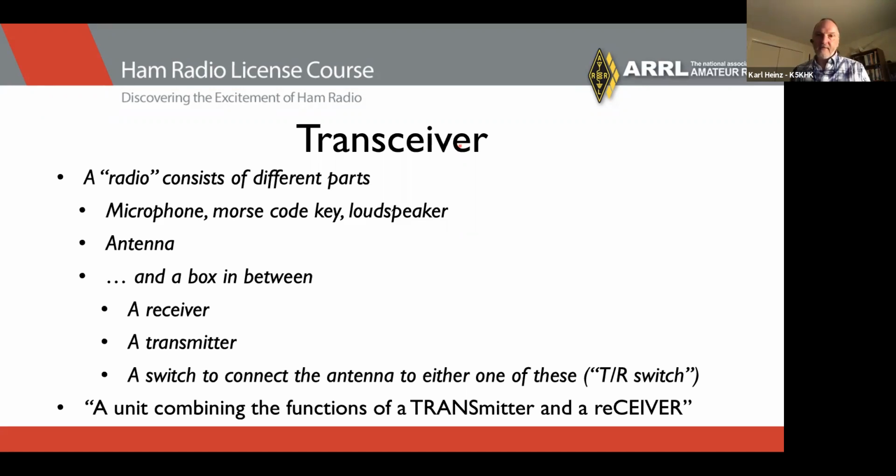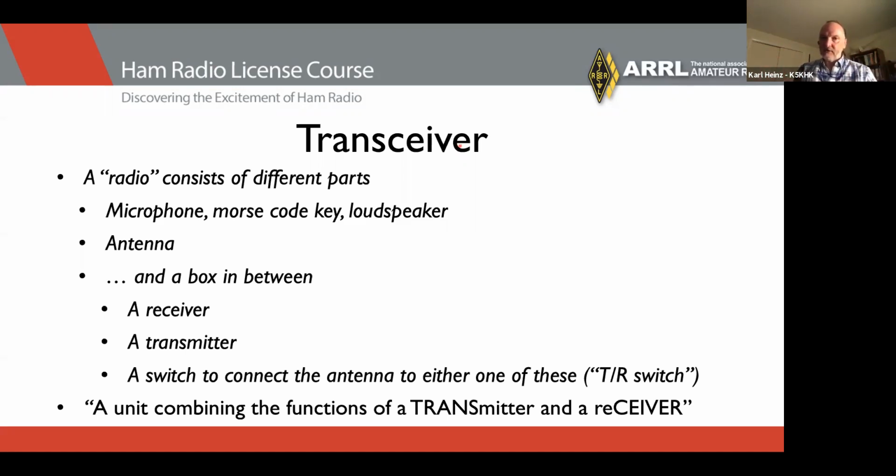For the first week, they want us to learn about 2 radio-related terms. The first one we need to learn about is the transceiver. So before we can understand what transceiver actually means, when we look at a radio, it consists of a number of different parts.